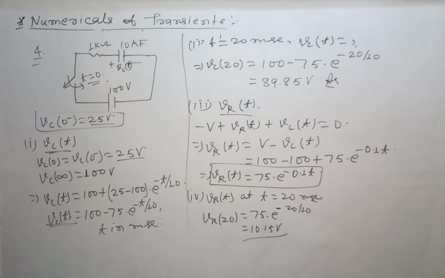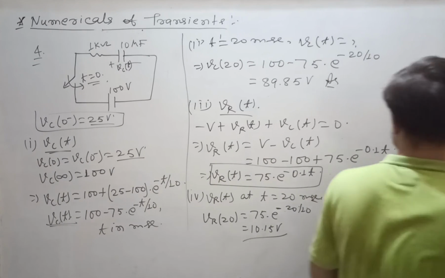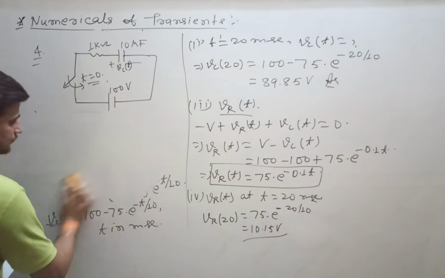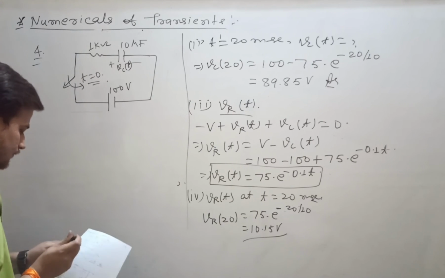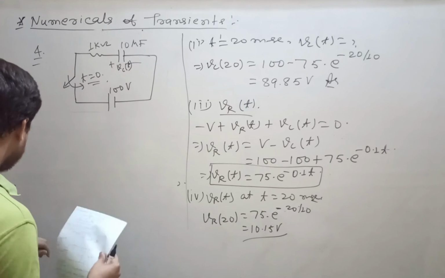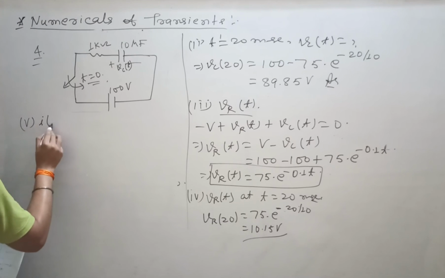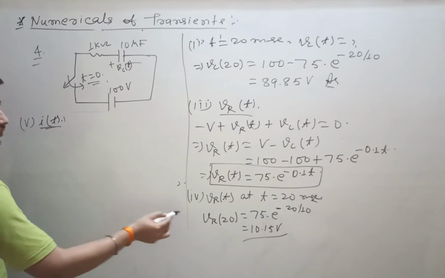Let us see the fifth question. You have to write the expression for current i(t). So what will be the expression for current i(t)? You know the expression for VR(t).